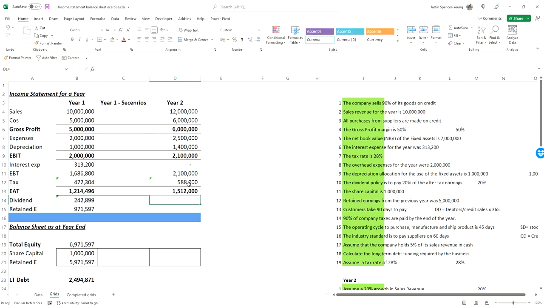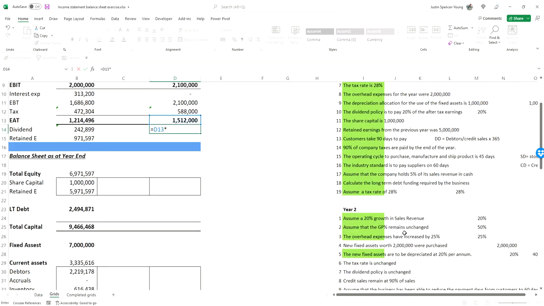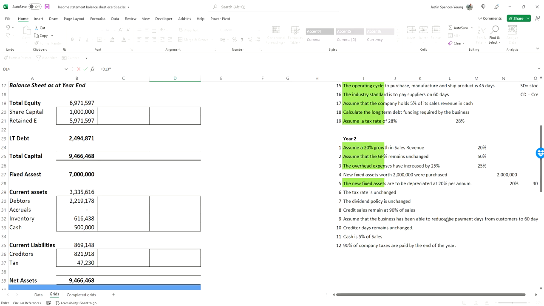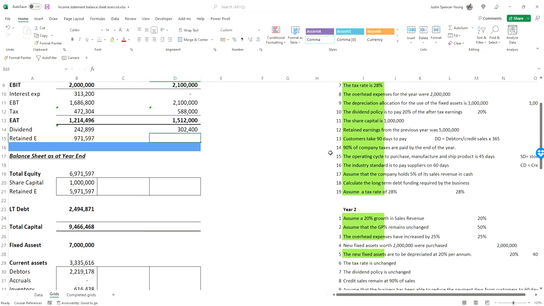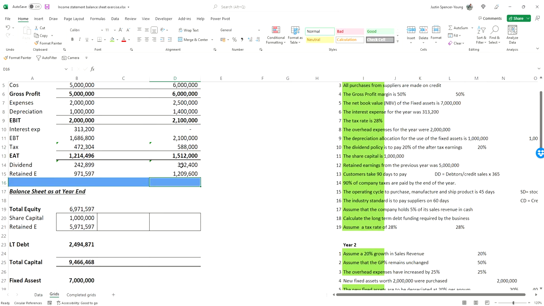The dividend policy remained unchanged. So we're going to take this and multiply it by the dividend policy of 20%. There was the 20% we used, and therefore we are left with the retained earnings that we are going to carry to the balance sheet.